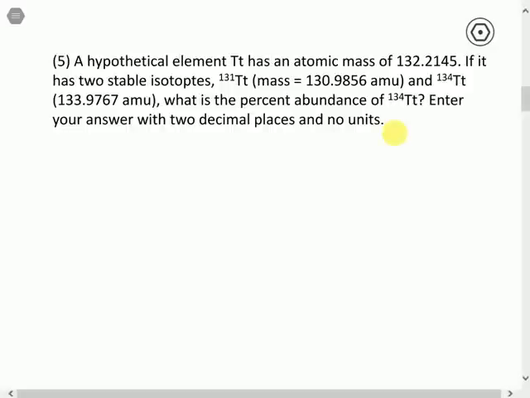The equation that goes along with this is that the atomic mass for any element is the fractional abundance of isotope A times its mass, plus the fractional abundance of B times the mass of B. Fractional abundance is related to percent, but it's out of 1.